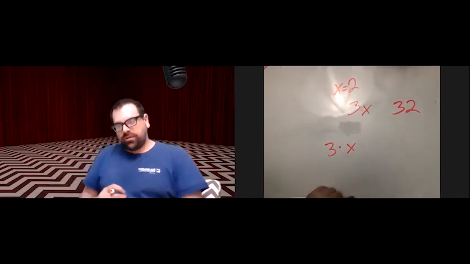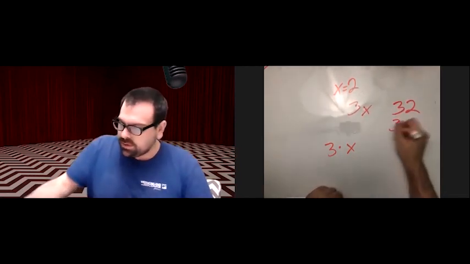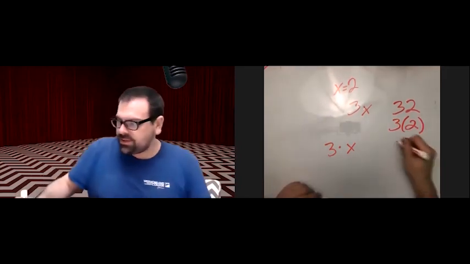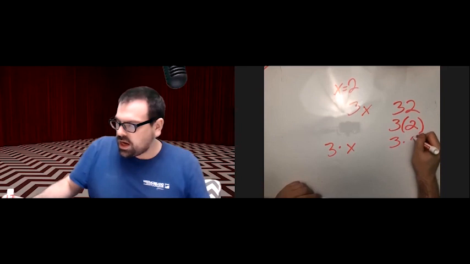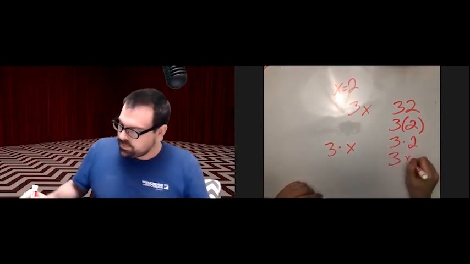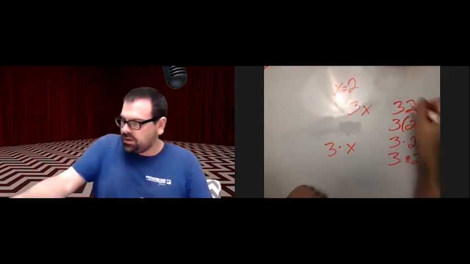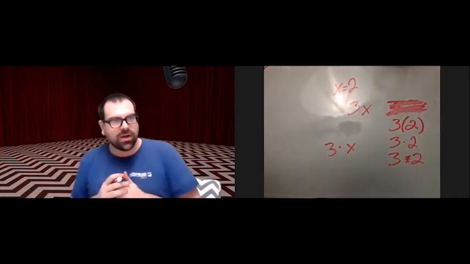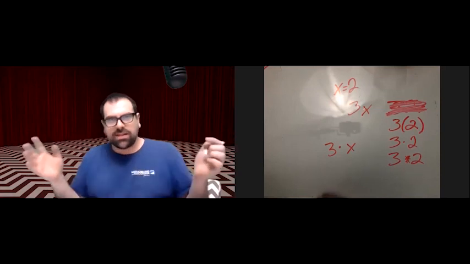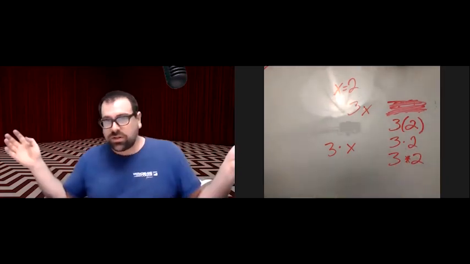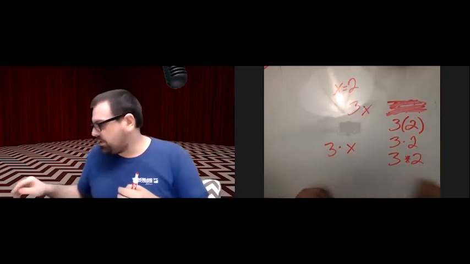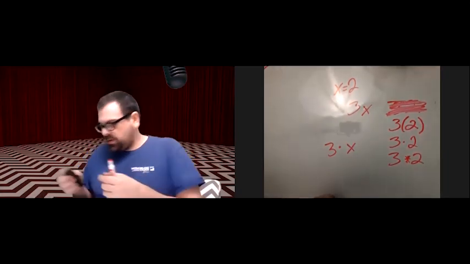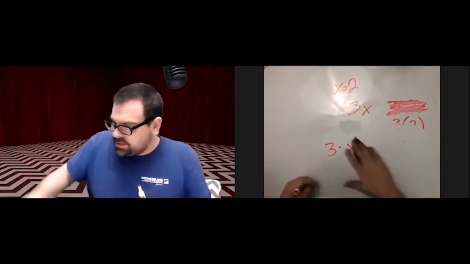No, when we plug in for a variable, then we need to either use the parentheses or use the dot or use the star, but we would never just write it together when it's two numbers. So as long as it's not just two numbers, we can just jam things right next to each other and mean multiplication.